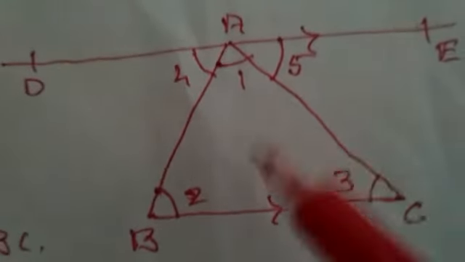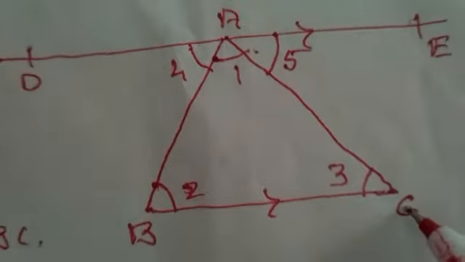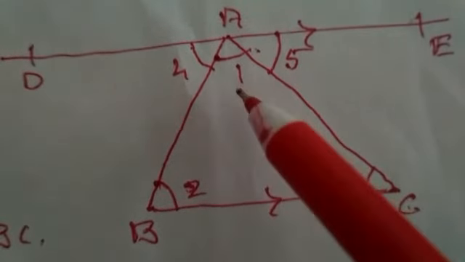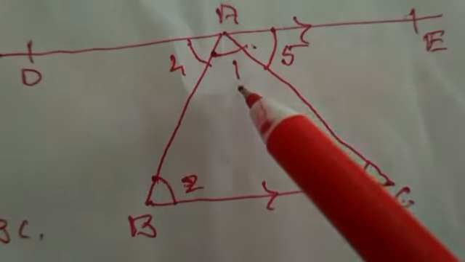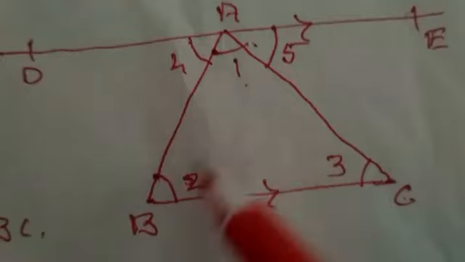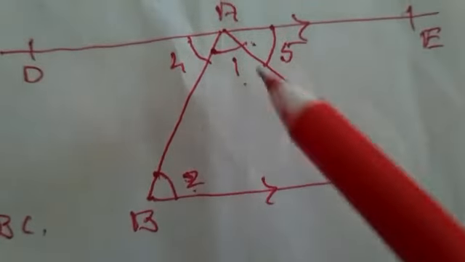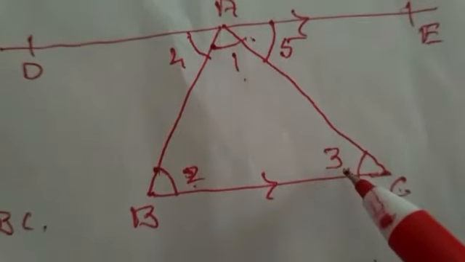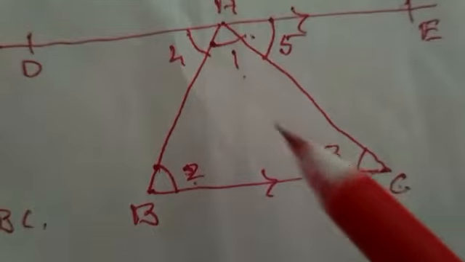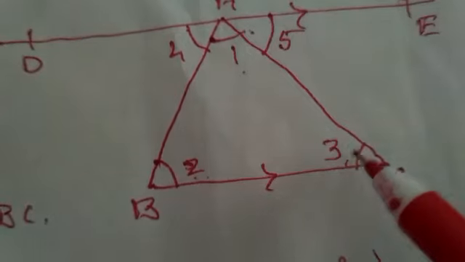Let's see the first figure. Let ABC be a triangle in which there are three angles. We have labeled the angles by numbers, that is angle 1, angle 2 and angle 3. Now we need to prove that the sum of these three angles is always 180 degrees. It means that we have to prove angle 1 plus angle 2 plus angle 3 equals 180 degrees.